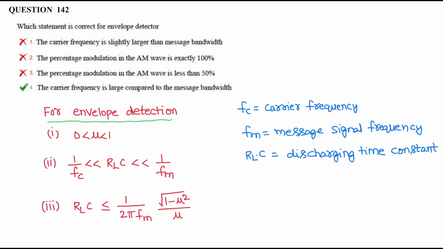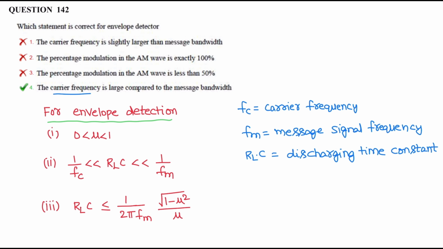Similarly, discharging time constant RLC less than or equal to 1 by 2 pi fm times square root of 1 minus mu square by mu. These are the 3 conditions that have to be satisfied for proper envelope detection. So carrier frequency is large compared to message bandwidth. The correct answer is option 4.